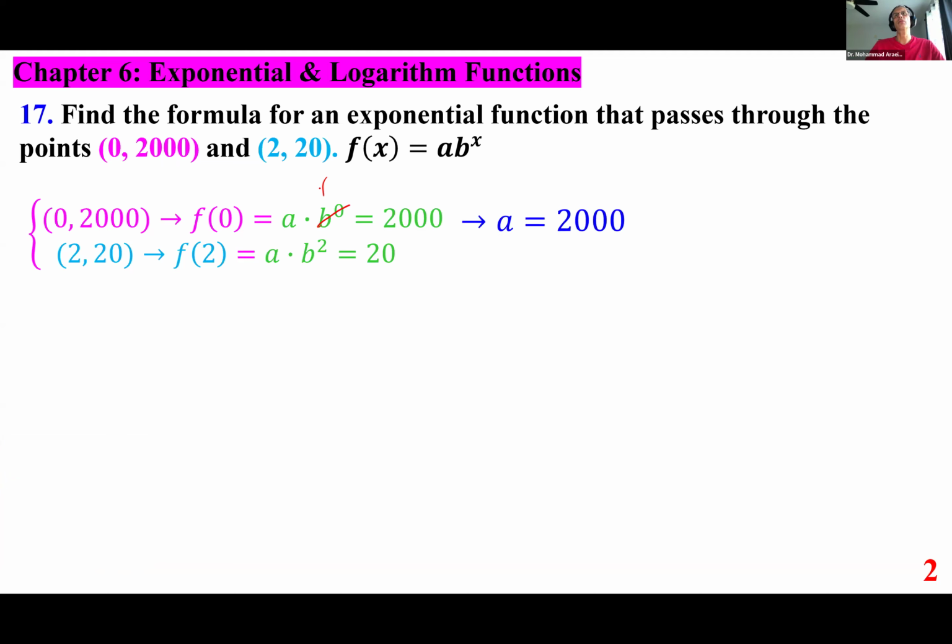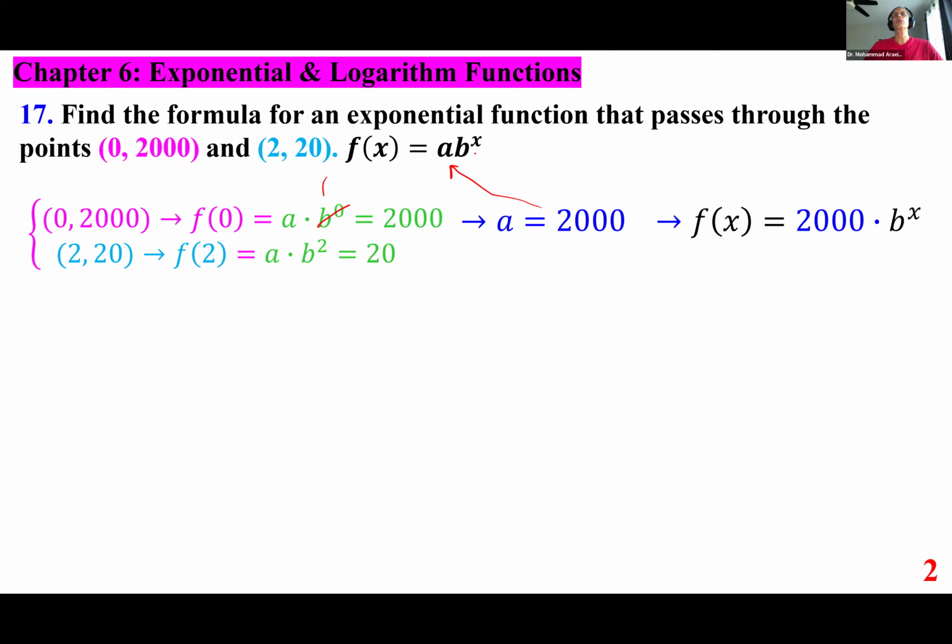So a is found to be 2000. So we can replace the a into this formula and say f(x) is 2000 b to the power of x.